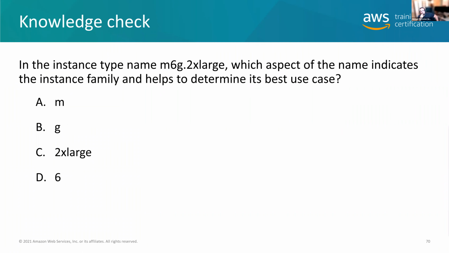Because everyone wants to say memory, and that's not right, because that's not what the M stands for. R is for RAM, for memory. What family type is the M series? That's right. It's a general purpose family. Good answers.